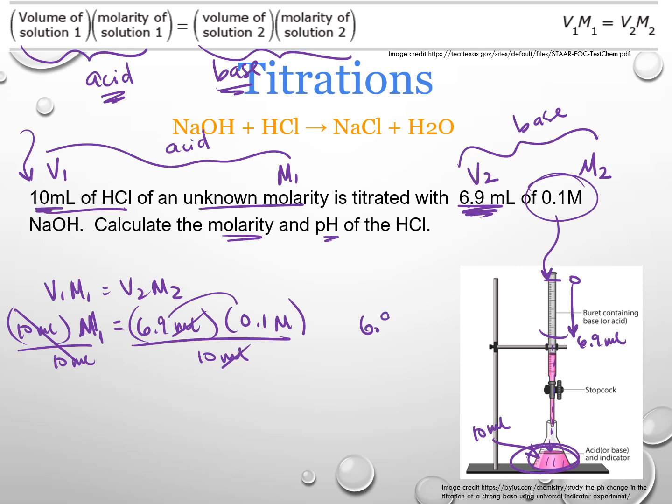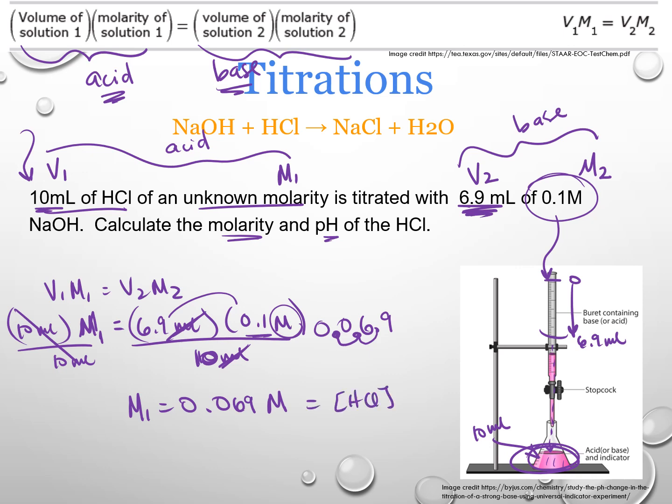If I have 6.9 times 0.1, that's the same thing as moving my decimal backwards one place. 6.9 times 0.1 is 0.69. Divided by 10, if I divide by 10, I'm going to also move the decimal back one more spot. Throw a 0 in there, and my final answer is going to be M1 equals 0.069. And then the unit label is only molar because our milliliters canceled out, top and bottom.